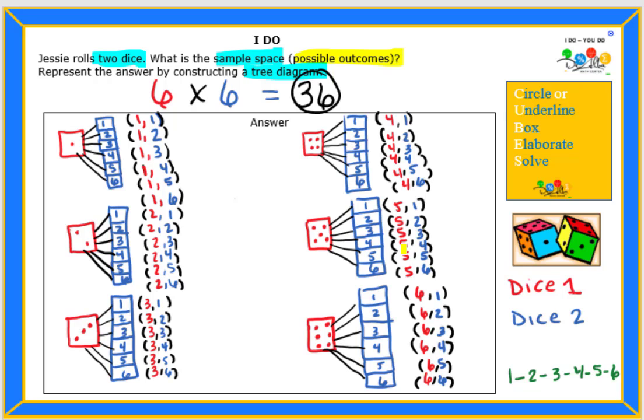So pay attention to those keywords in the question, as they tell you exactly what they want. In this case, our question is just what is the sample space, and represent the answer using a tree diagram. And we've made a tree diagram using our dice with red and blue dice, and we have all 36 possible combinations. So now it's going to be your turn to try one.